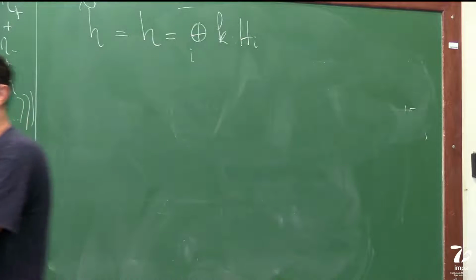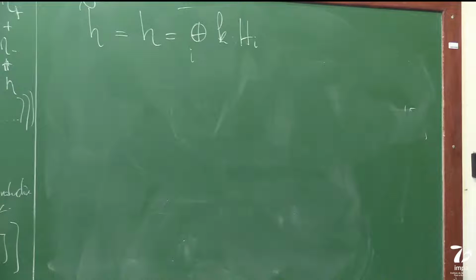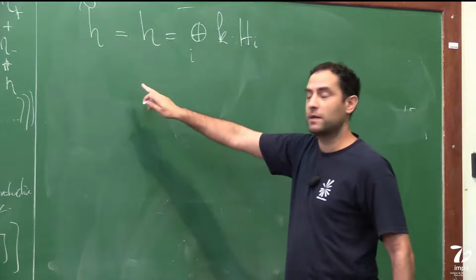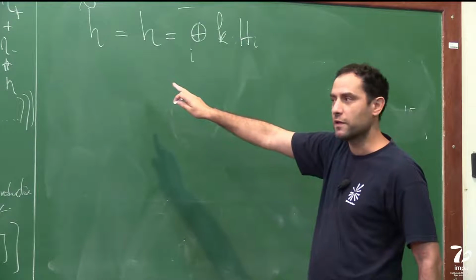This is clear because I pick an element of H tilde, which is in the image of, oh no, I haven't proven that. I can't prove that yet. But it's a quotient of this. This is going to be true, but I haven't proven this yet.